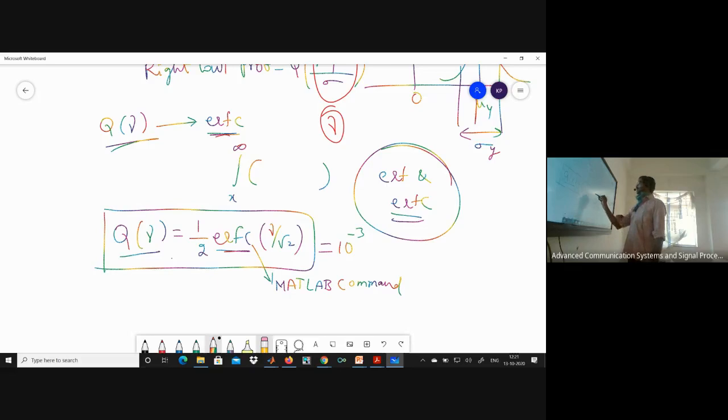So what value of gamma will give me the probability of false alarm 10 to the power of minus 3? You can straight away do that using MATLAB. Try to remember this equation: 1 by 2 times the complementary error function of gamma by √2. Okay, there is no minus over there.